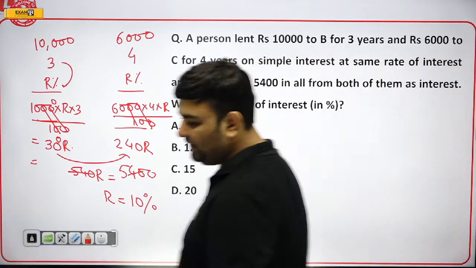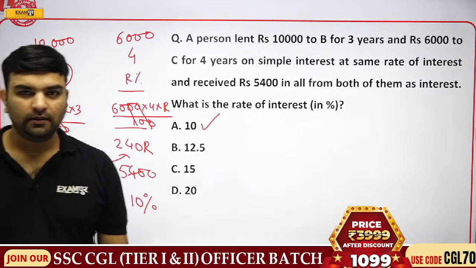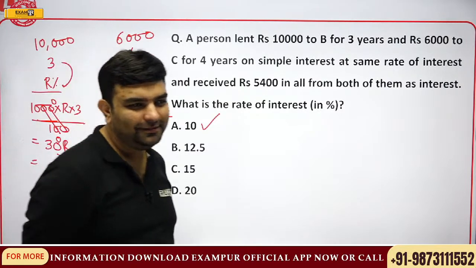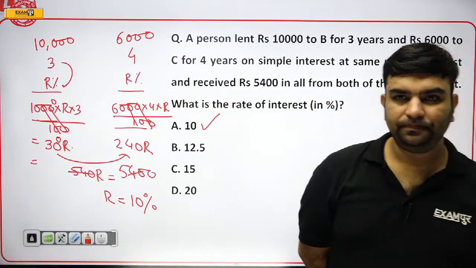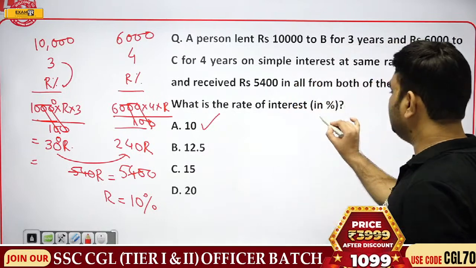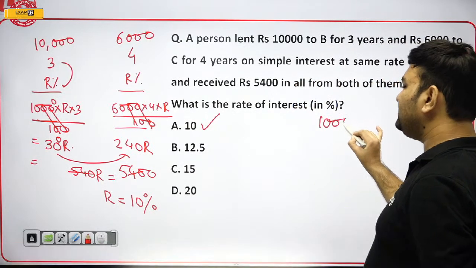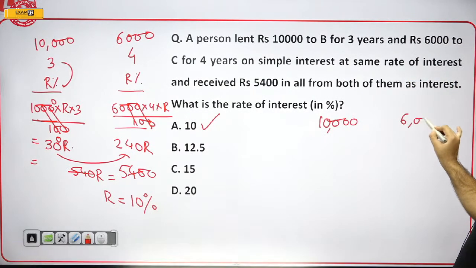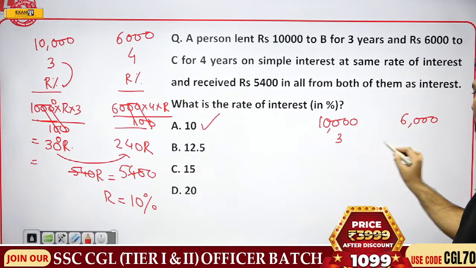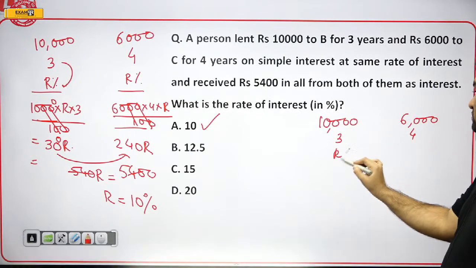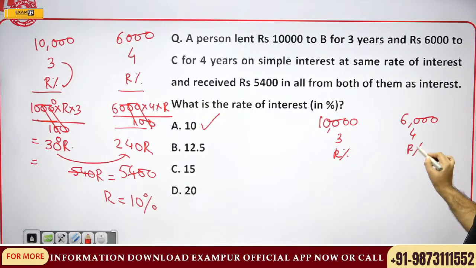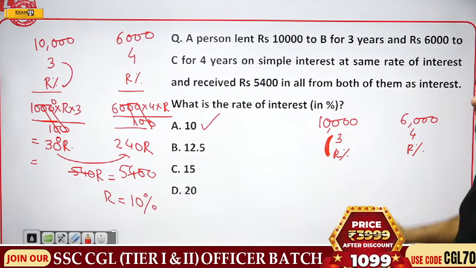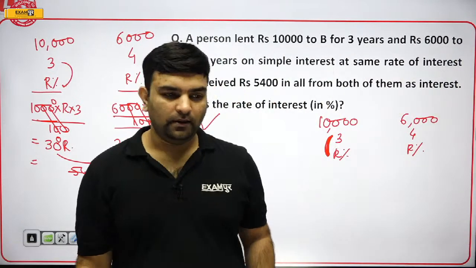I've taken the detailed version. Otherwise, I would have taken it like this, which is mostly the same. RT percent of principal is the interest.